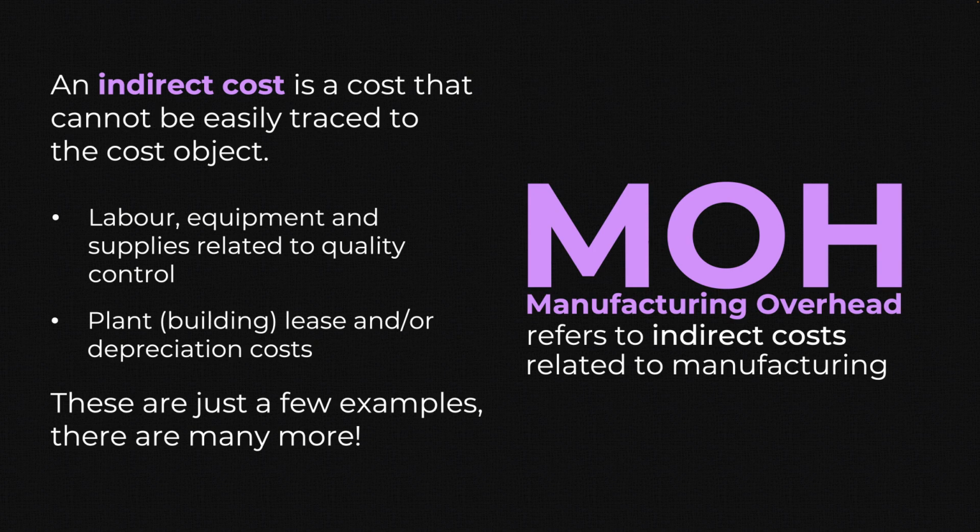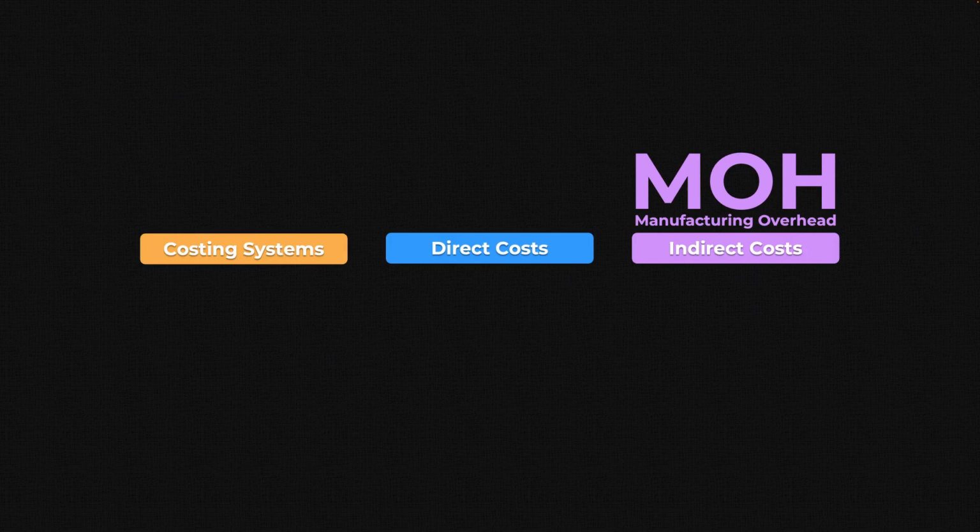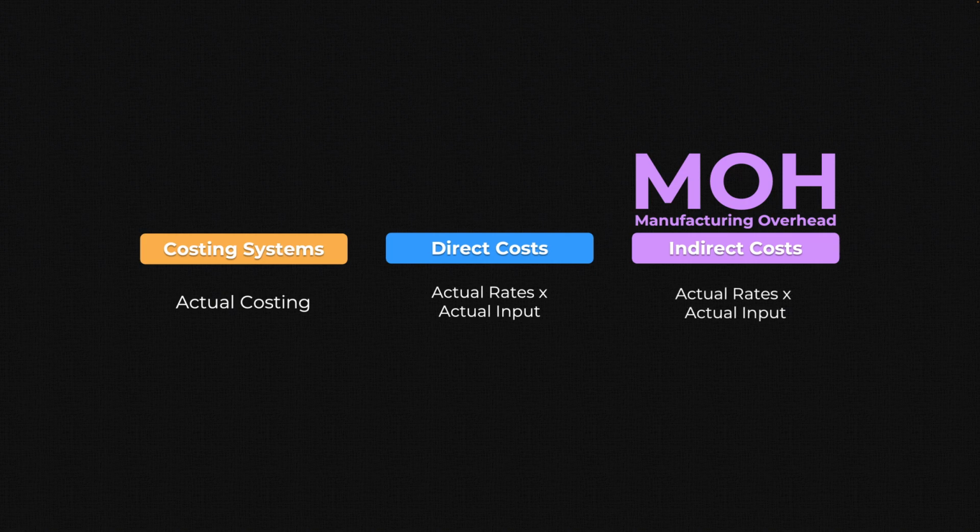Now, in our most recent lessons, we've been looking at costing systems with respect to direct costs and our manufacturing overhead. We've been looking at actual costing, which is actual rates times the actual input for direct costs, and actual rates times the actual amount of input for the indirect costs. We've also looked at normal costing, which are the actual rates times the actual input for direct costs.